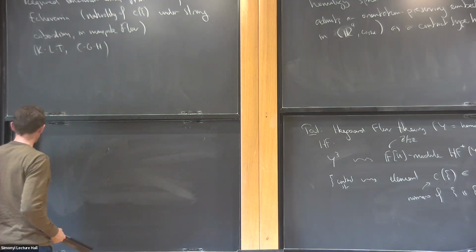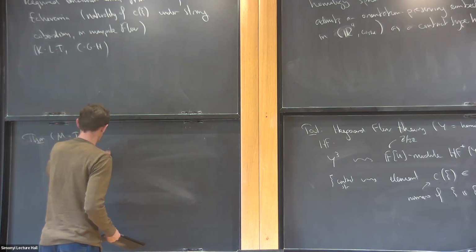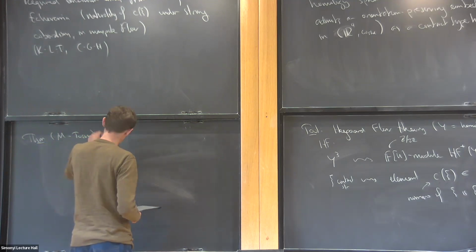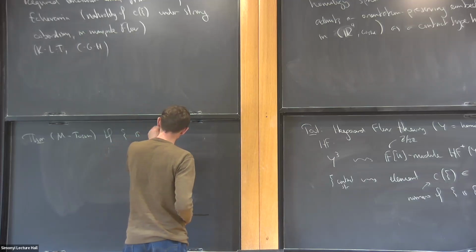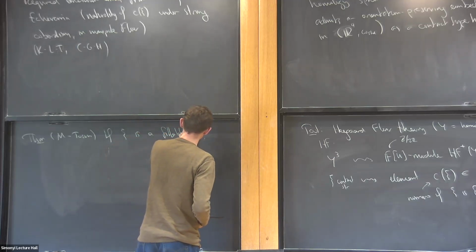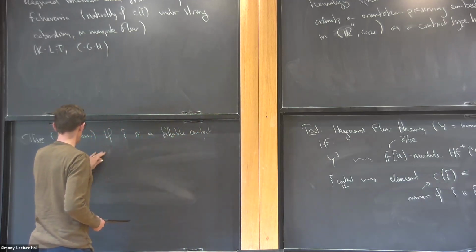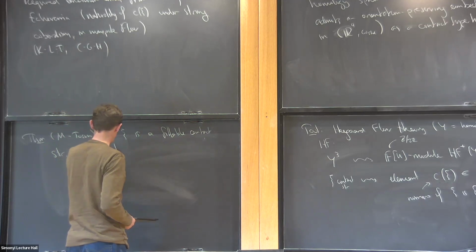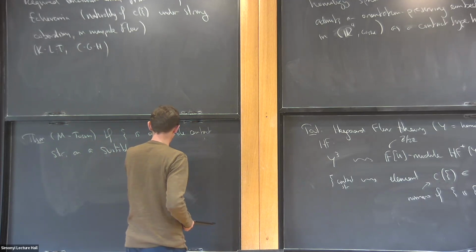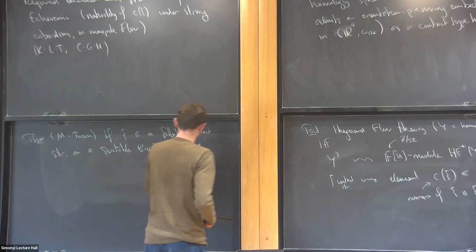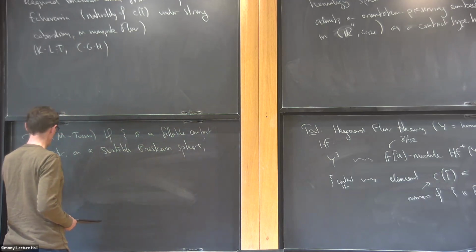The theorem is: if you have a fillable contact structure on what I'm going to call a suitable Brieskorn sphere, then this reduced contact class is nonzero.